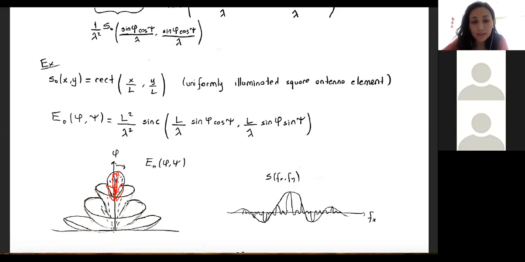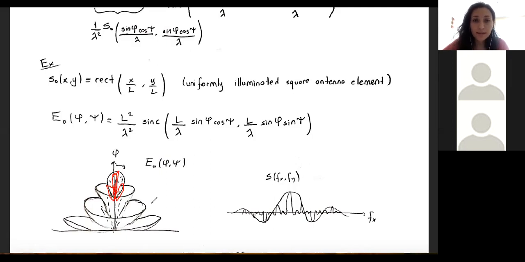And that's going to depend on how large each single element is, how large your L here is, and how large your repeated structures, capital N and capital M, are. As you increase L, N and M, you're going to have a smaller and smaller main lobe, which is going to improve the resolution in the system.